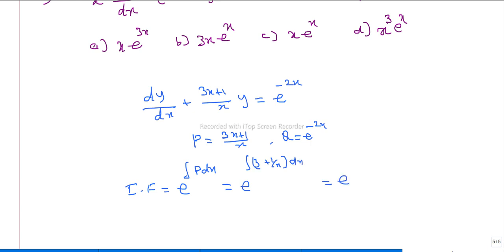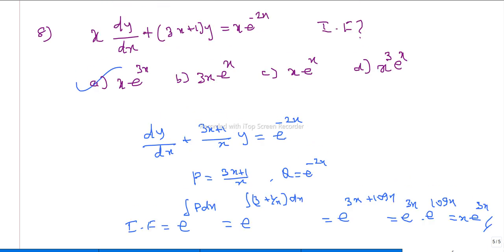If you integrate separately, the integral of 3 is 3x and the integral of 1 by x is log x. If you split, you get e power 3x into e power log x, but e and log cancel, so we have x into e power 3x. So x into e power 3x is the integrating factor. Okay, so the next problem.